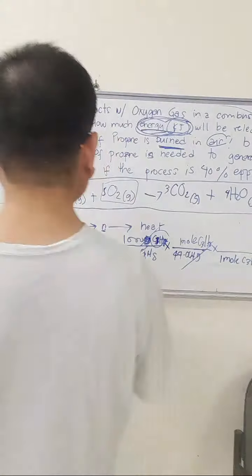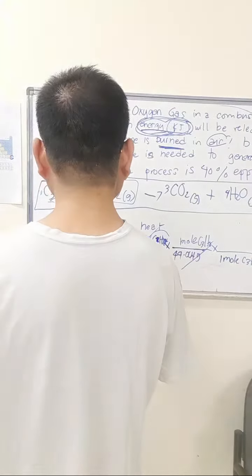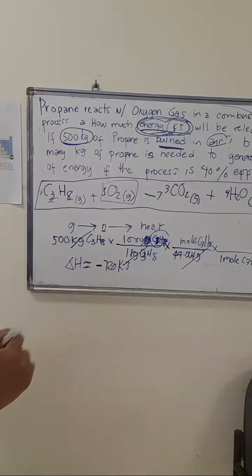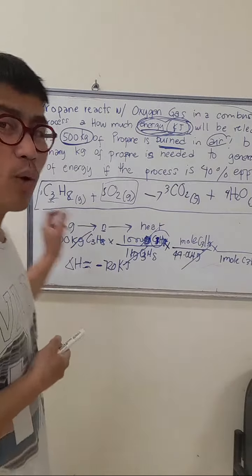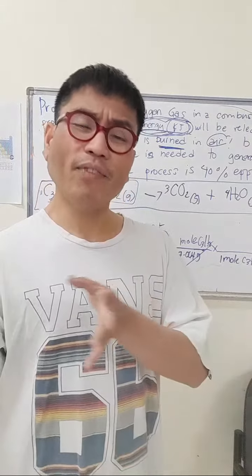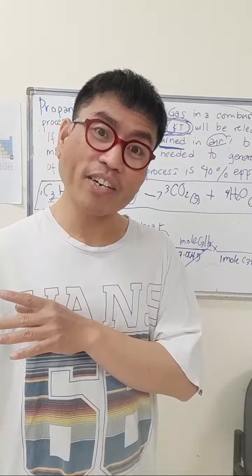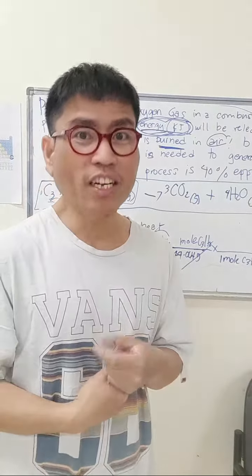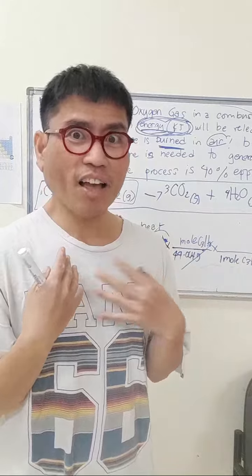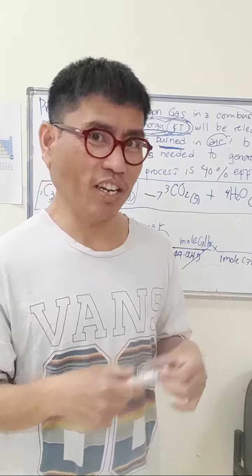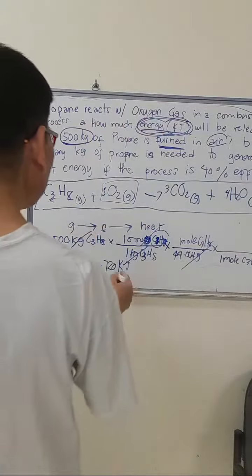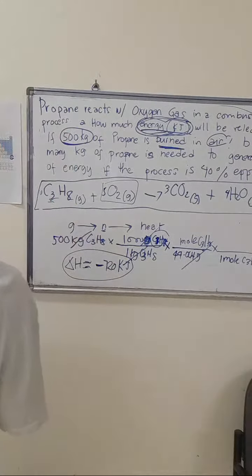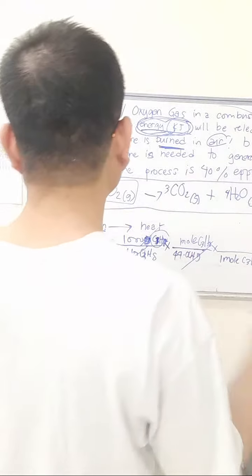720 kilojoules. Okay? Why do I do this? Because in this reaction, I have also 1 mole of propane, and if I choose methane in the combustion, there is also 1 methane. If you try to do the ratio and proportion, it's easy to say, times 3 the delta H. So, negative 720, because the heat is released from the system to the surrounding.